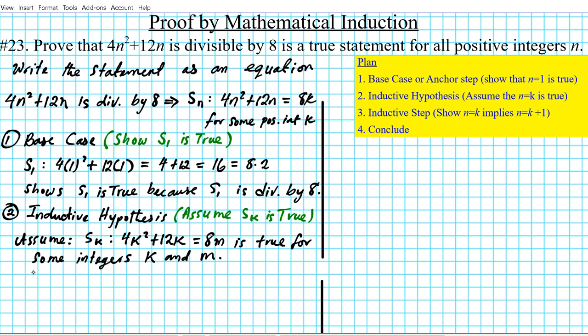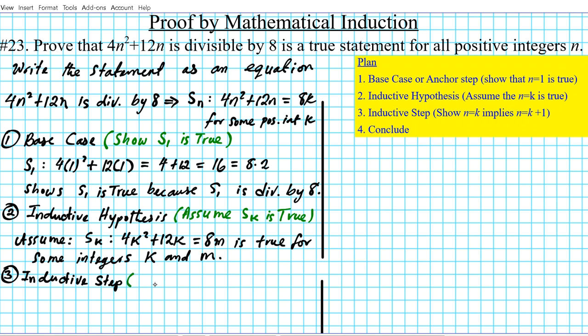Okay, now the inductive step. Taking one integer step from the inductive hypothesis. So for the inductive step, our goal here is to show that if the inductive hypothesis is true, it follows that the next step, namely k plus 1, is also true.